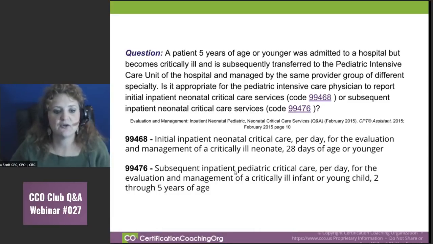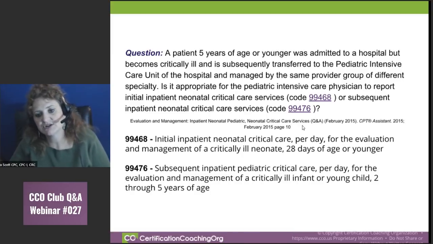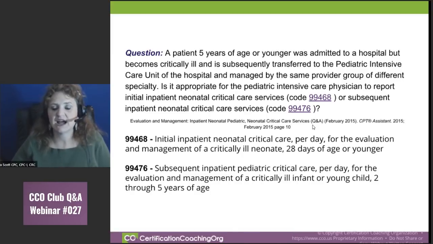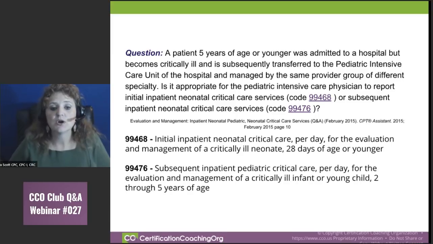Here's a great question. Now, this came up from a neonatal care services question and answer in the CPT Assistant. I got this off of Find-A-Code in those articles that we were looking at. I reiterated putting these codes in because the two codes that we talked about were not including children, right?